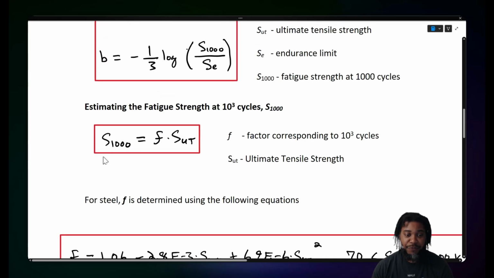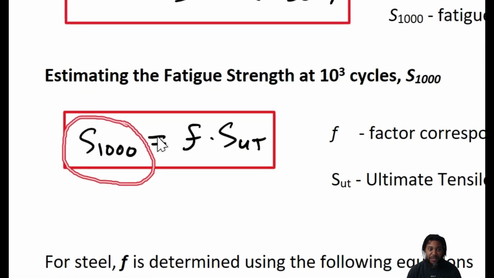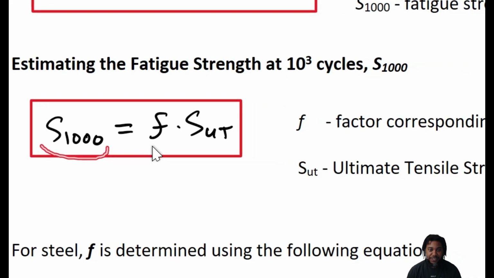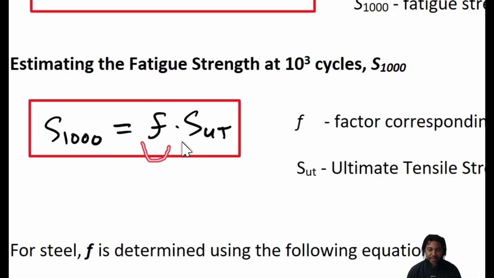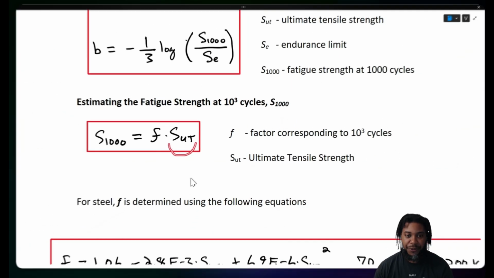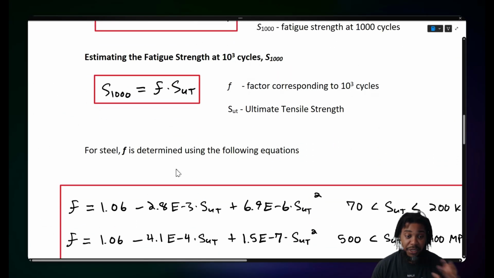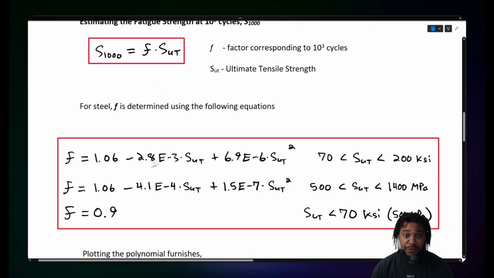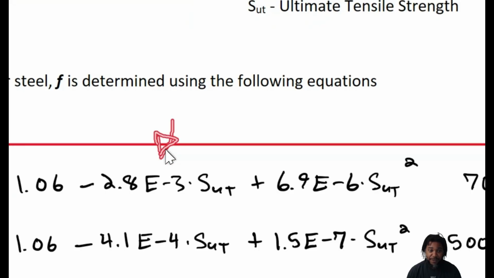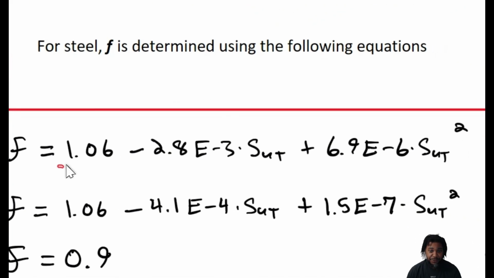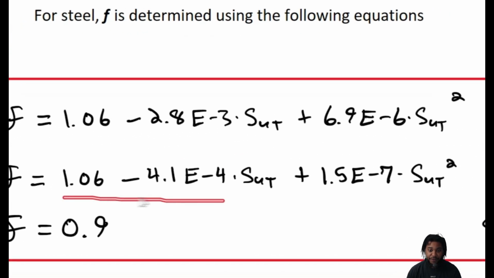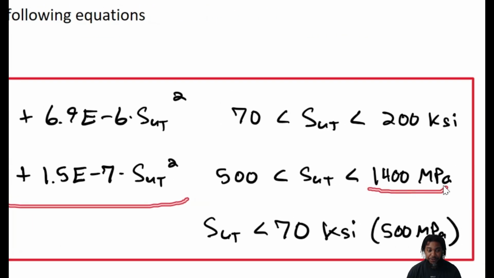Now, how do we find S1000? Well, there is a tool we can use, where we can assume S1000 is equal to some factor F times the ultimate tensile strength of our material. If we were to do many hundreds of experiments on many different steels, which is what was done, we would find the following equations for that F factor, where F is a polynomial in terms of KSI units, and a different polynomial in terms of metric units.